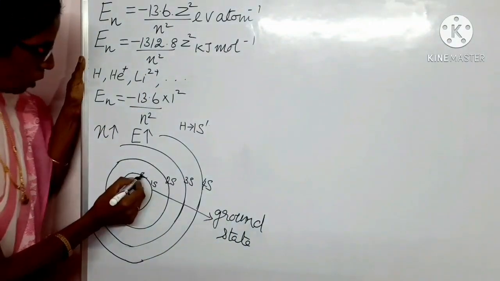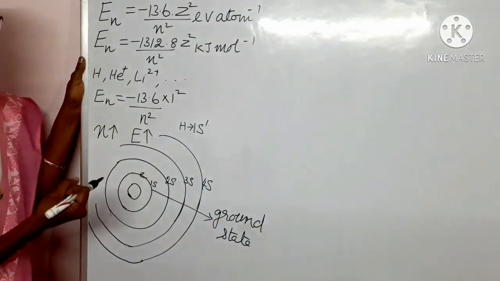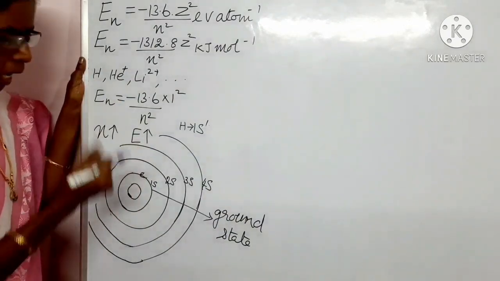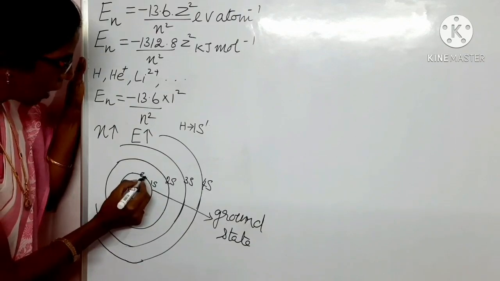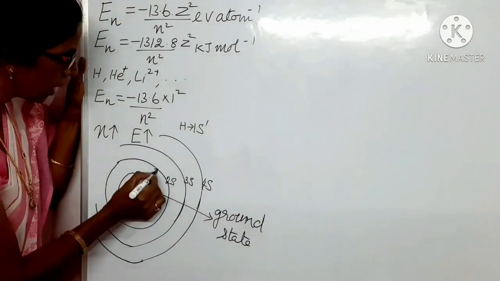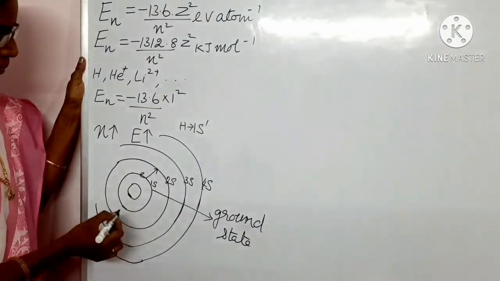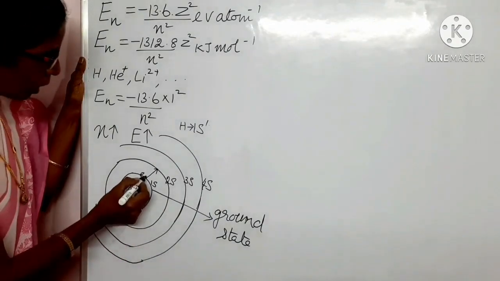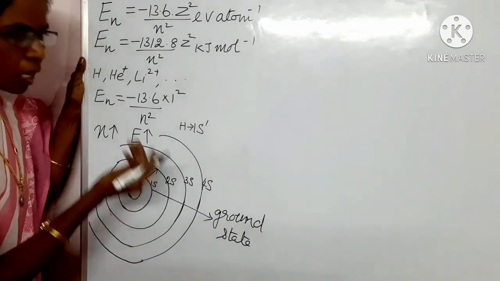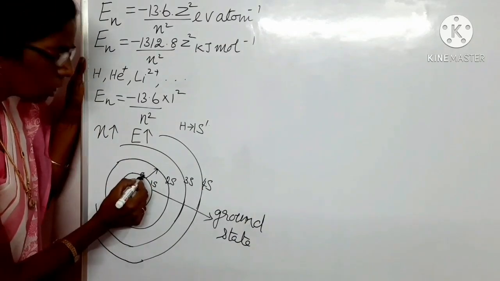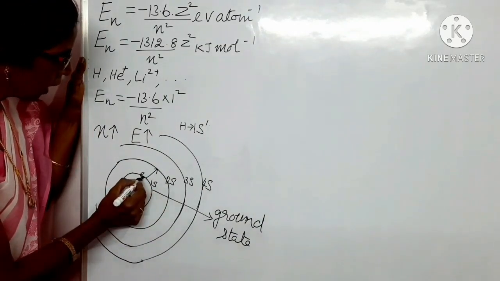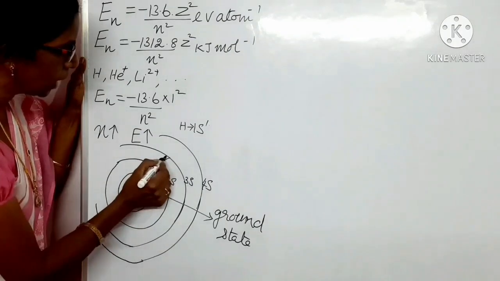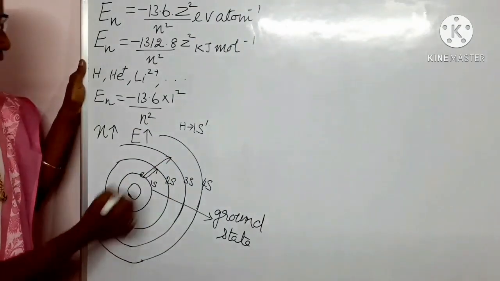Now this electron will absorb some energy. This electron gains energy and moves up to a higher energy level like 2s. According to Bohr's theory, by absorbing some energy, this electron can also jump up to the next highest energy level and so on.